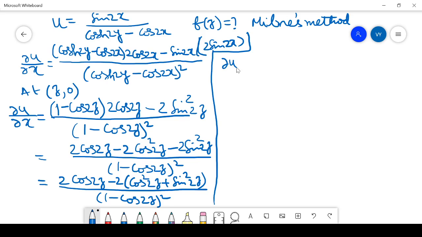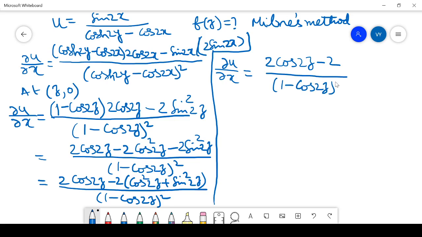So ∂u/∂x will be 2 cos 2z minus 2 by 1 minus cos 2z the whole square. This I can write as minus 2 divided by 1 minus cos 2z. This will be ∂u/∂x.